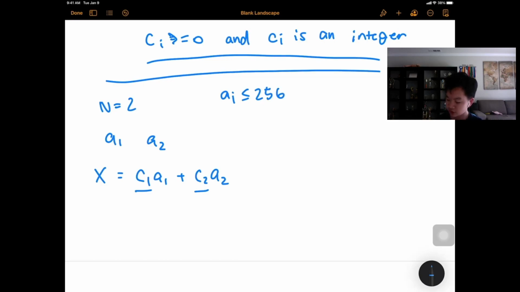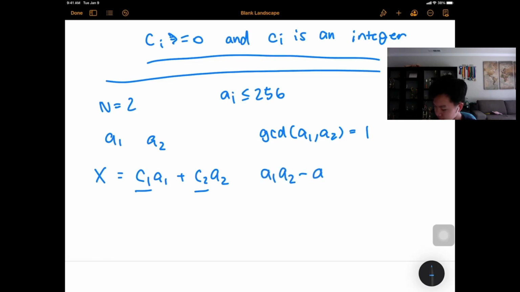So right now, let's assume that a1 and a2 are relatively prime. So if GCD of a1, a2 is equal to 1, then this means they're relatively prime. If they are, then our answer is going to be bounded by the product minus their sum, so minus (a1 plus a2).